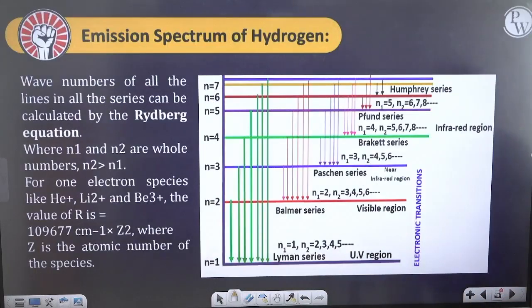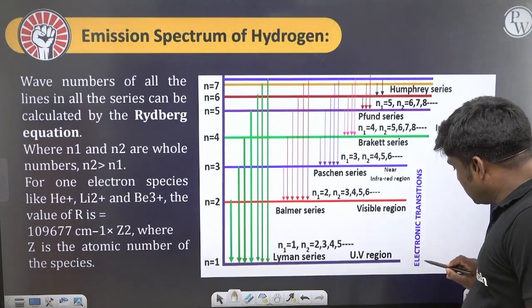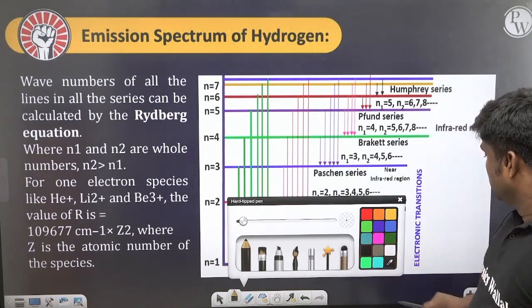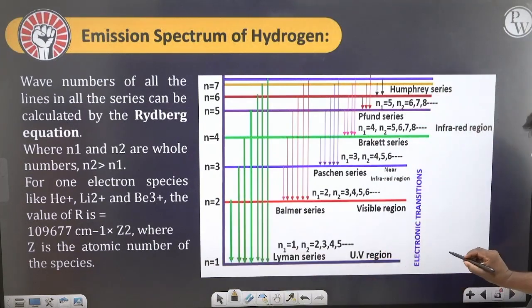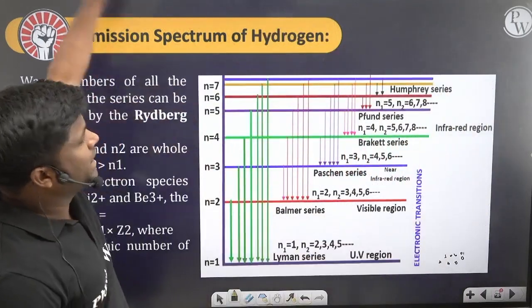Why? See carefully. Some electrons, a few electrons, absorbed the maximum amount of energy. Few electrons absorb how much amount of energy? Maximum amount of energy. They went from the lower orbit to the very higher orbit.